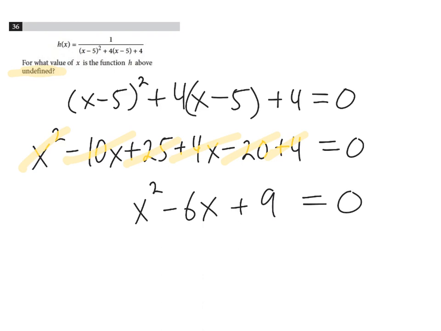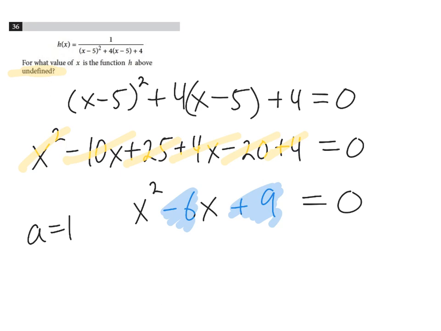Okay, so if we want to solve a quadratic, the easiest way, especially when a equals 1, is we need to look for two numbers that multiply to c and add to b.